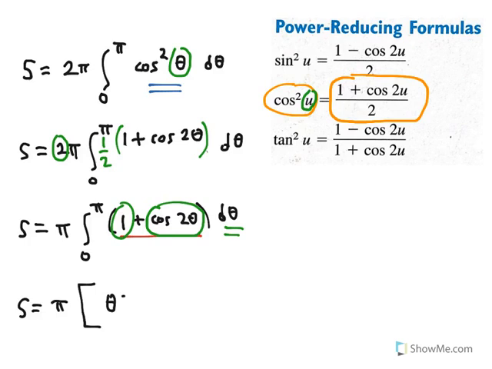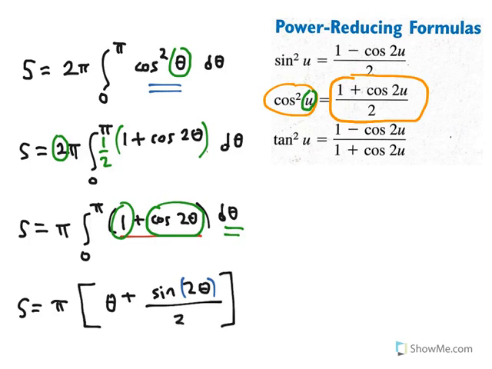The derivative of sine is cosine, so you have plus sine of 2 theta, but you need to have an adjustment, because if you have the derivative of sine of 2 theta, you'll be using the chain rule, and you'll actually get 2 times cosine of 2 theta, but you don't want 2 times cosine of 2 theta, you want 1 times cosine of 2 theta, so you need to divide by 2.